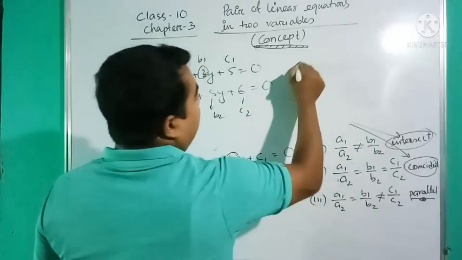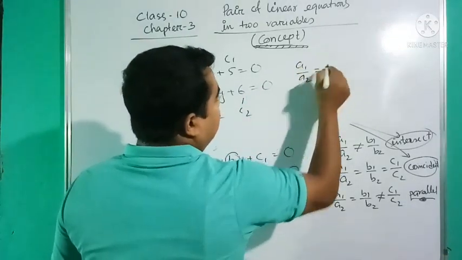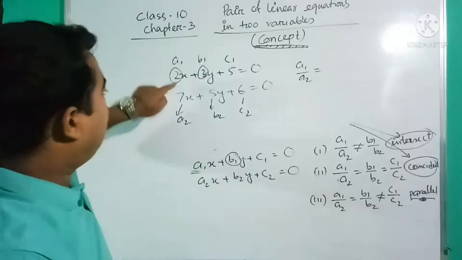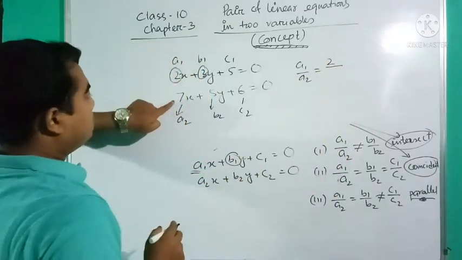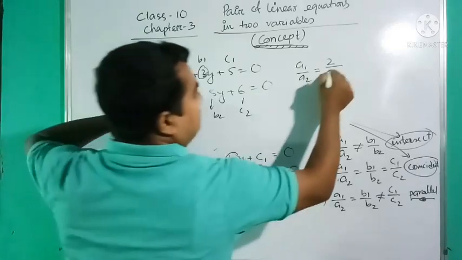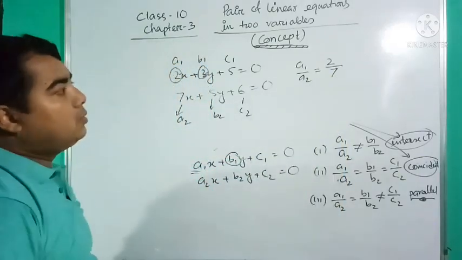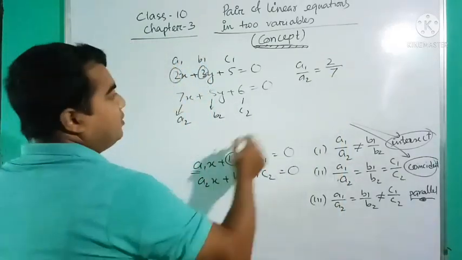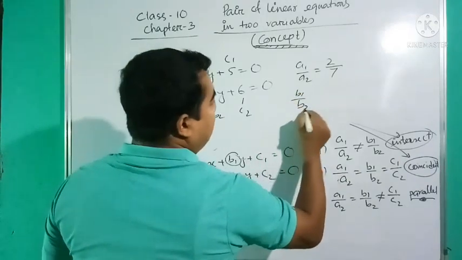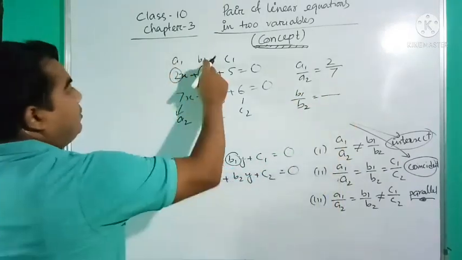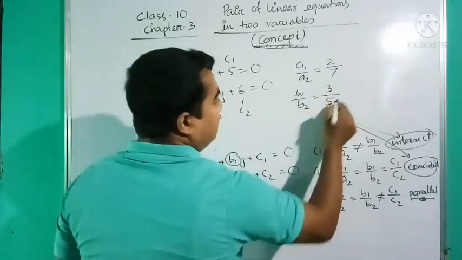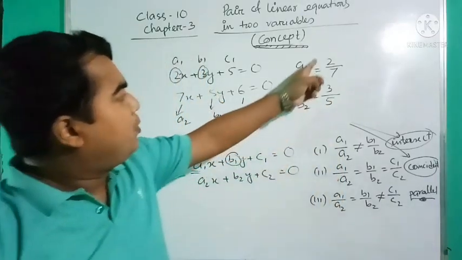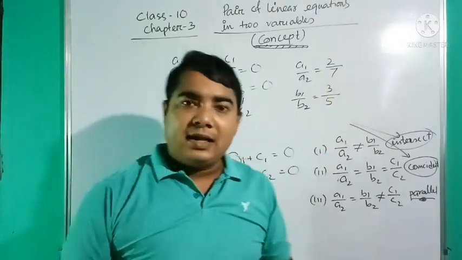Now find the a1 by a2 value. a1 is 2 and a2 is 7, so a1 by a2 is 2 by 7. Next, b1 by b2: b1 is 3 and b2 is 5. Now observe, 2 by 7 and 3 by 5, are they equal?